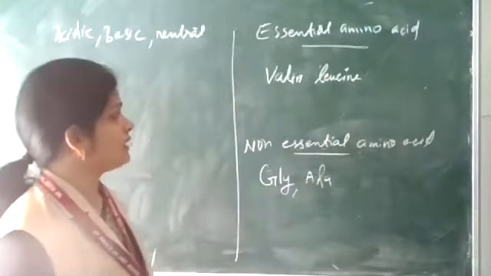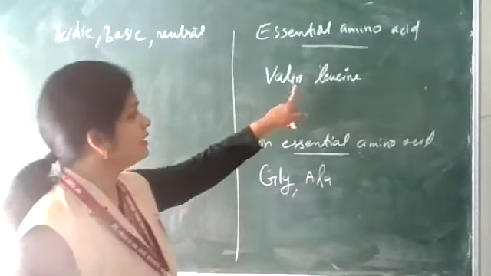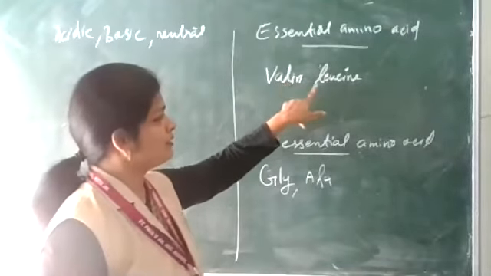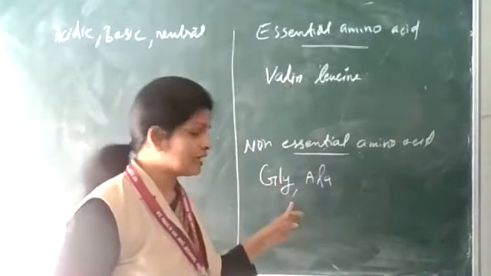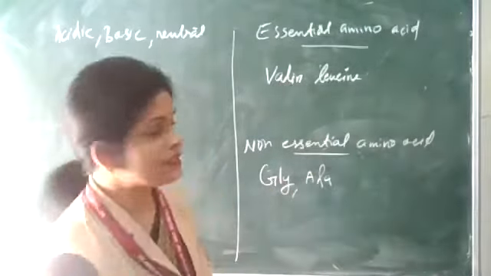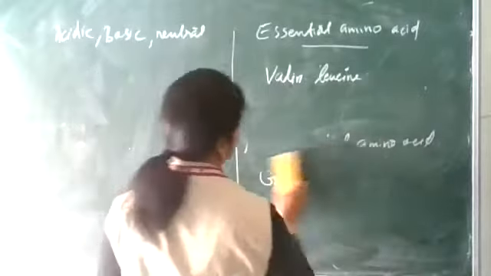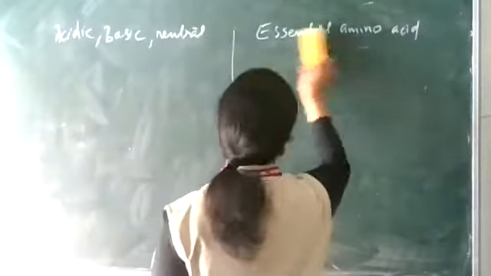So essential: valine, leucine. Non-essential: glycine, alanine. So these are the classifications of amino acids.